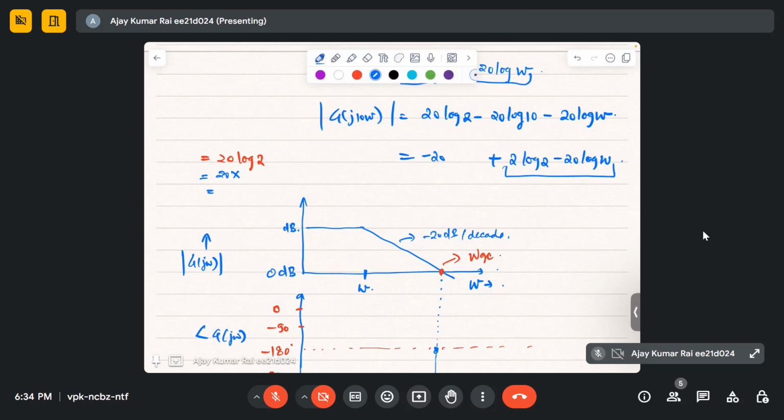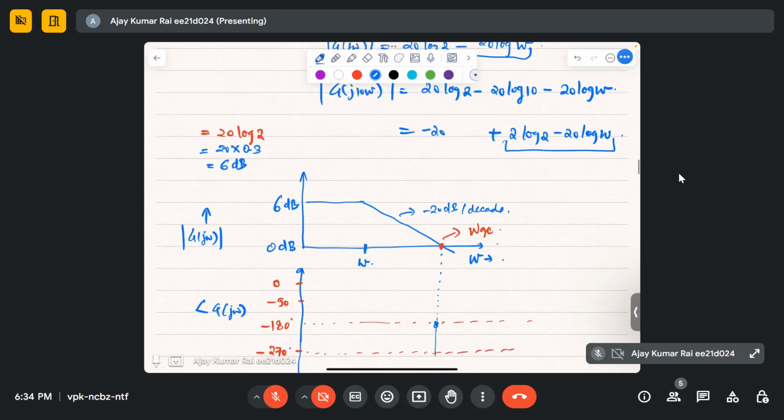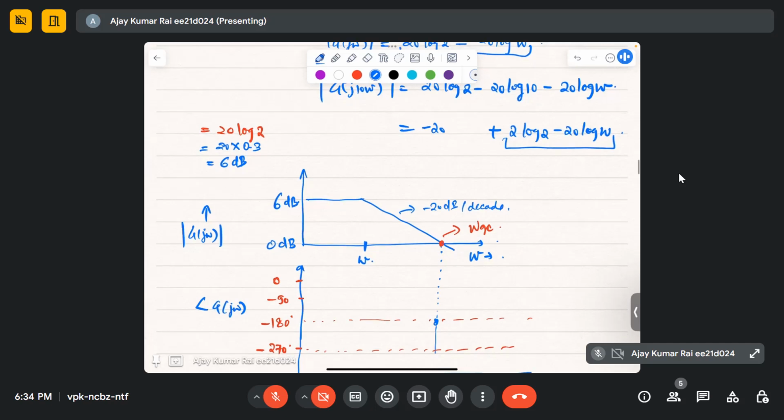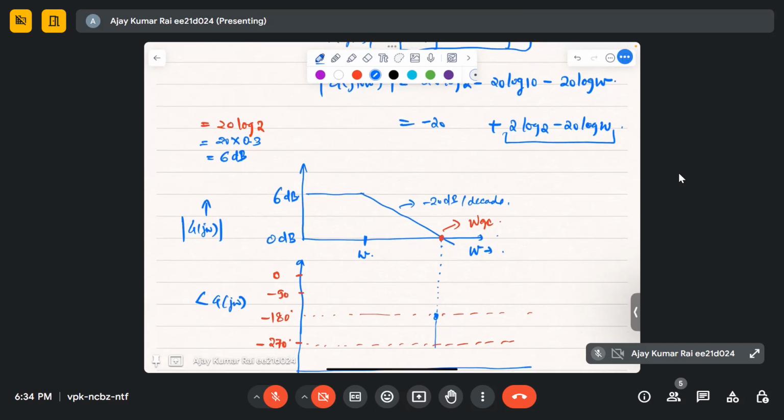Log 2 is equal to 0.3010. Okay, let's take 0.3. 0.3 into 20 is equal to 6 dB, you're saying. Yes, sir. So it's 6 dB. Okay, fine, thank you. So we are starting with 6 dB and ultimately reaching.